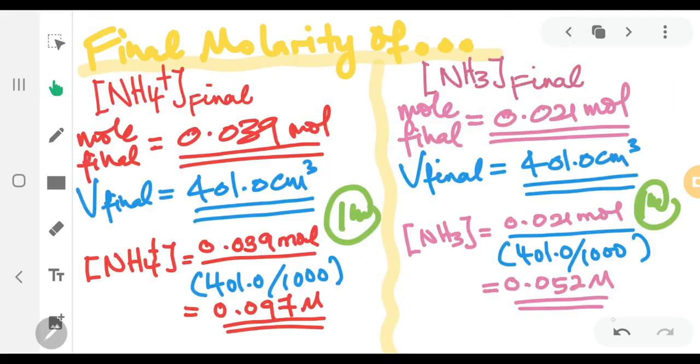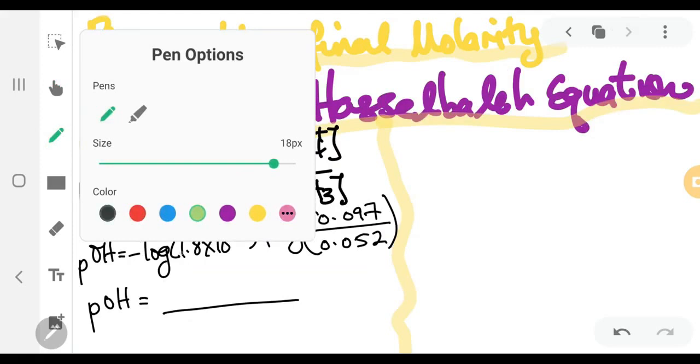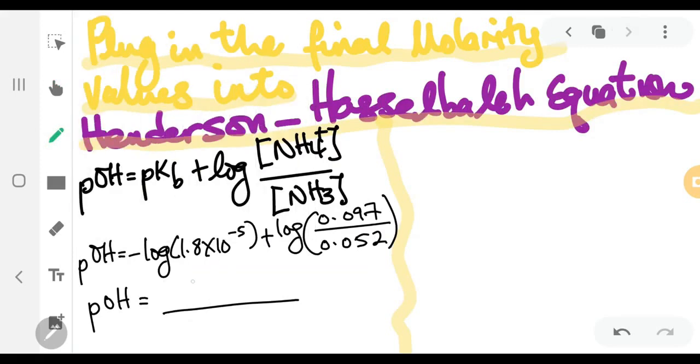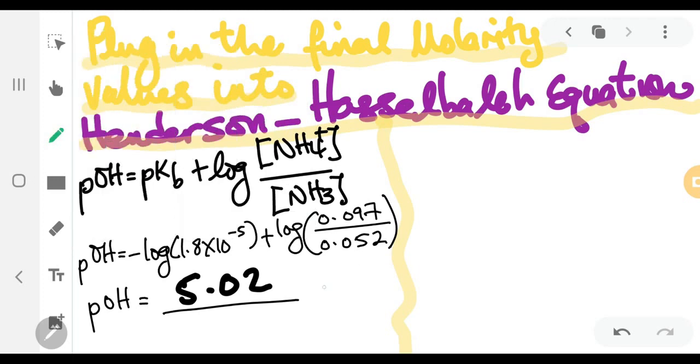From where did you get that? From here and from there. So the pOH value would be 5.02. And by doing that, you get 1 mark for this, 1 mark for that.